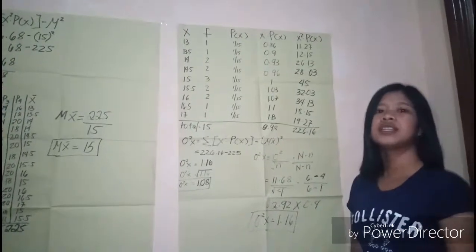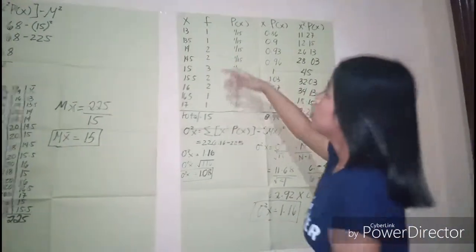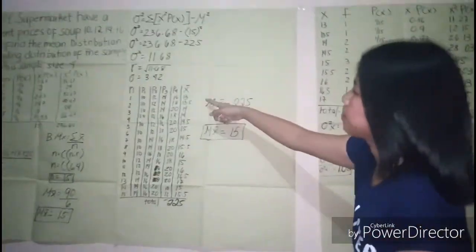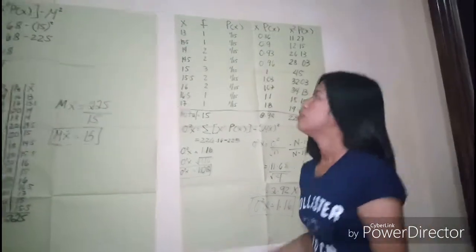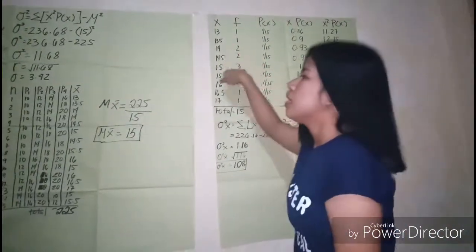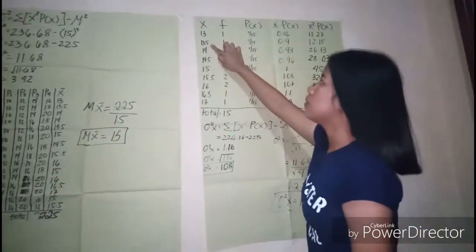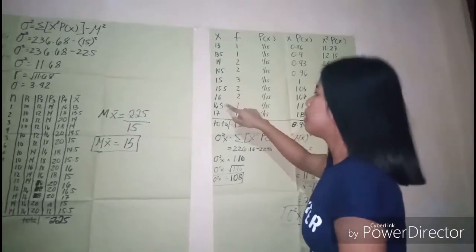So, ngayon, nasa third table natin. So, yung x, kung ilan yung mga naulit. So, nasa third table na tayo. Paano ba kukunin yung x? Nakuha natin yung x dito sa x bar. Ito yun. Yung 13, 13.5, 14, 14.5, 15, 15.5, 16, 16.5, 17.